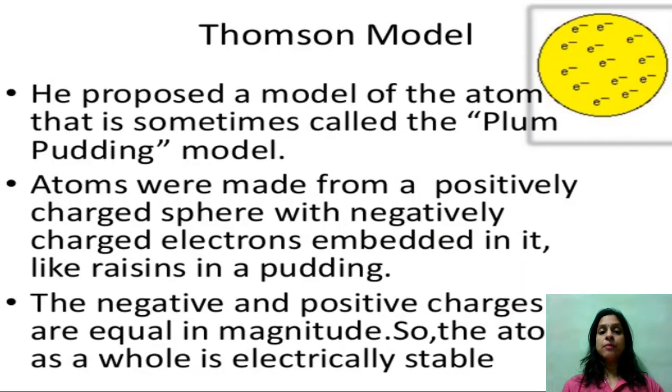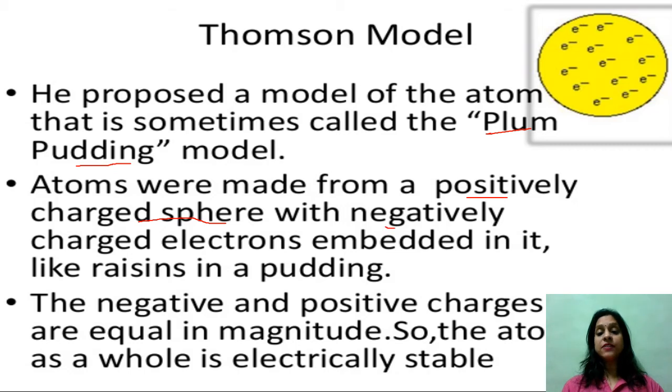Electrons का नेम दिया. So Thomson basically proposed a model of the atom, which is also known as the plum pudding model. According to Thomson, the atoms were made from a positively charged sphere, ठीक है?